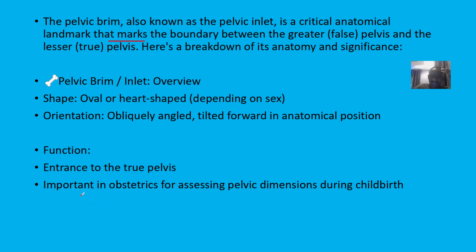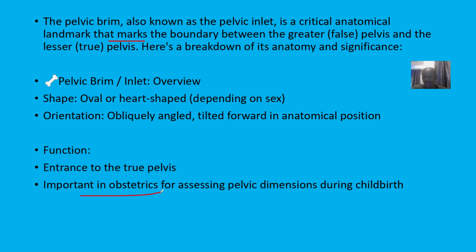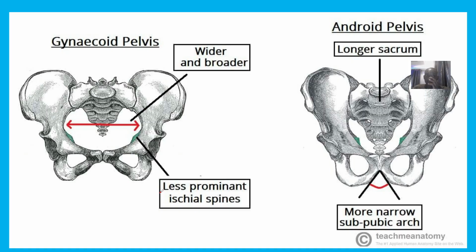It's important in obstetrics because they assess the dimensions, that's the length and everything of this space. So when they assess it, they can have an idea if a woman will be able to undergo delivery through the vagina or not.